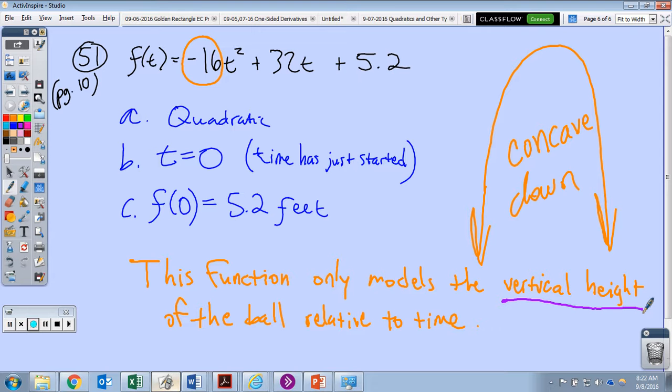Does that make sense? I want to make that clear because if you're learning this for the first time, you're like, it looks like the pathway, but no, this is just strictly vertical height.